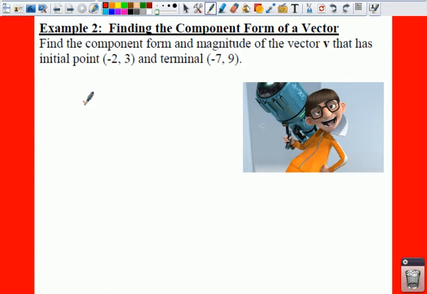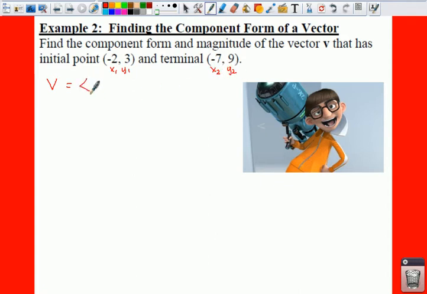We need to find the component form of the vector v, and we're going to have to find the magnitude. So the component form, if you look at your initial point and your terminal point, so this is your x1, this is your y1, x2, y2.